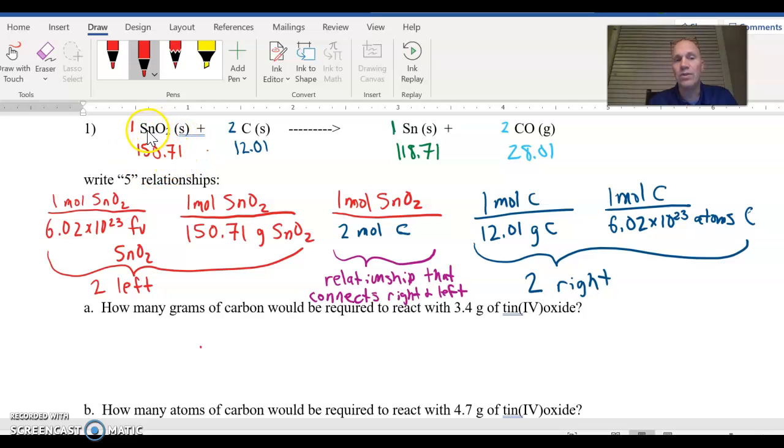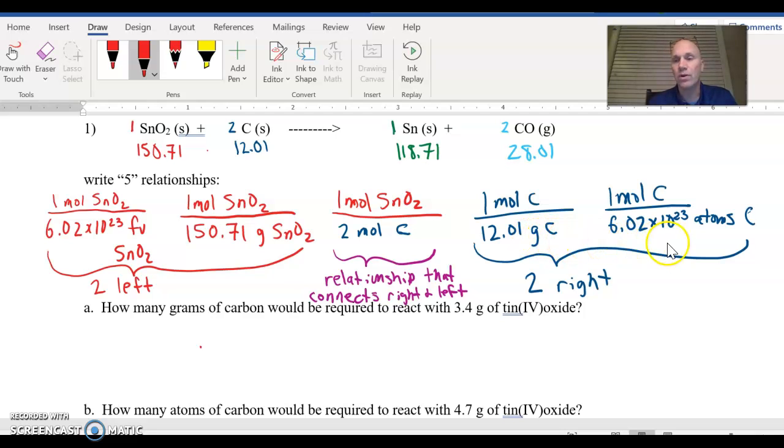If you took the atomic mass of tin, plus 2 oxygen atoms, it would add up to 150.71. So you're definitely going to want to have your periodic table close by when you're doing these. Notice that for carbon, we say that 1 mole is 12.01 because the formula there is just a single carbon atom, and that's what its mass would be.